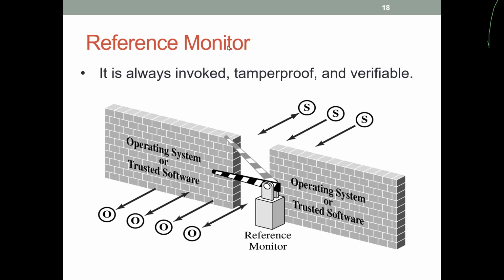Maybe if it is a vehicle, they will check whether it's a lecturer's vehicle or some outsiders coming. So reference monitoring, in the sense, they monitor all the things entering and returning from their systems. If you monitor those things, sometimes they are not allowed to enter the university. If someone tries to enter the university, they are not authorized.